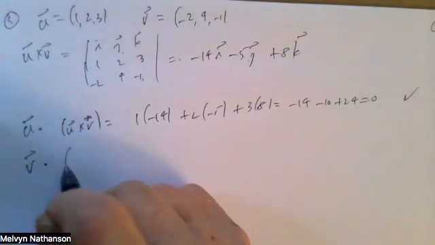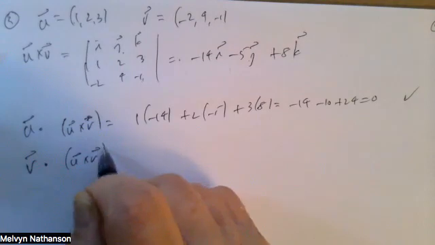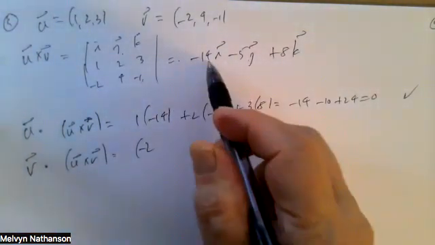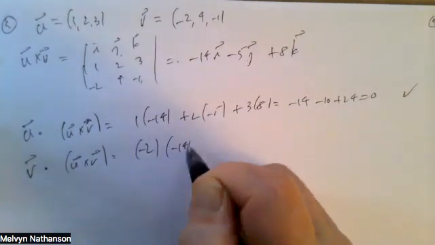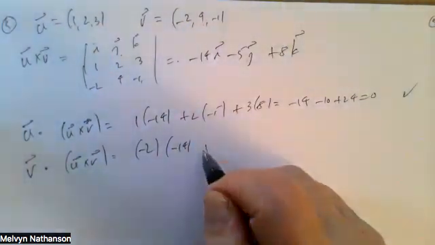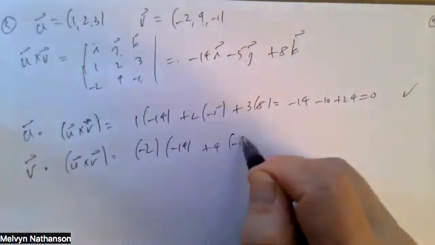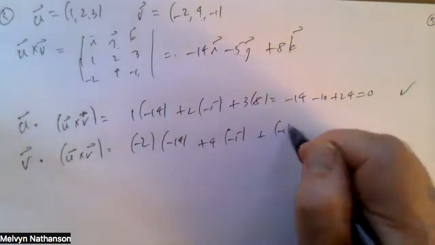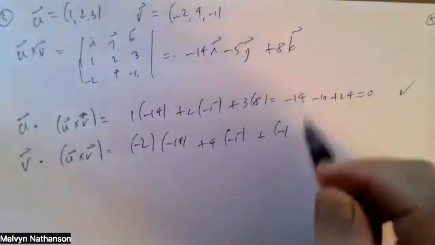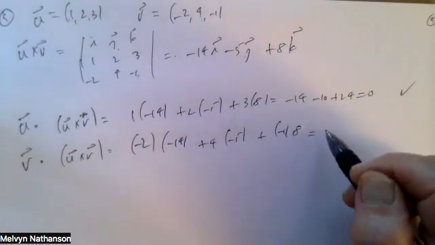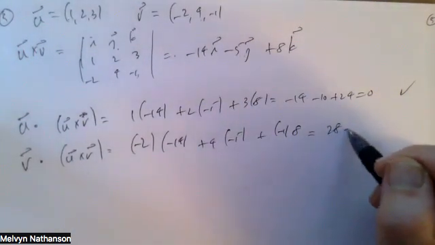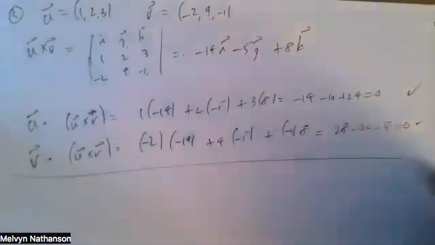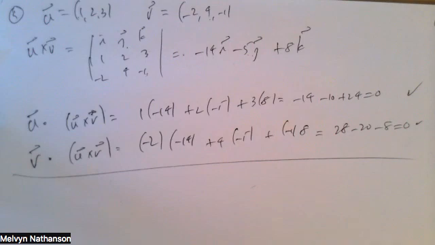And let me take v dot product with u cross v. That's minus 2 times minus 14 plus 4 times minus 5 plus minus 1 times 8. This is 28 minus 20 minus 8, again 0, so that checks. So that worked out okay.